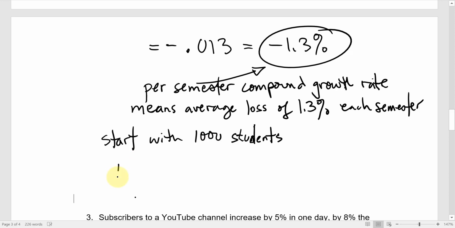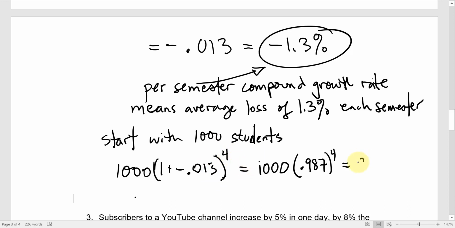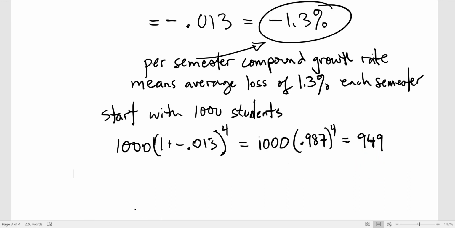So starting at 1,000, using this rate here of -1.3%, it's actually -0.013 that I need to use, and if we did that 4 times in a row, what's the future amount? That works out to about 949 students. So what is the percent change?